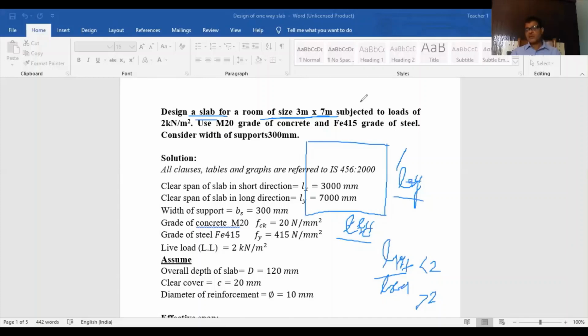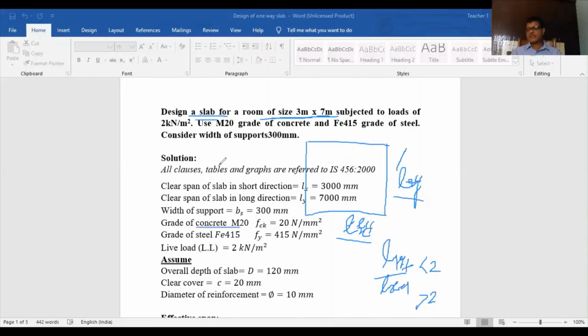So everything you have done for the design of beams remains valid in the case of one-way slabs. The only difference is that the spans are different and the load is calculated per meter width, because the live load and dead loads on these slabs are in kilonewton per meter square.